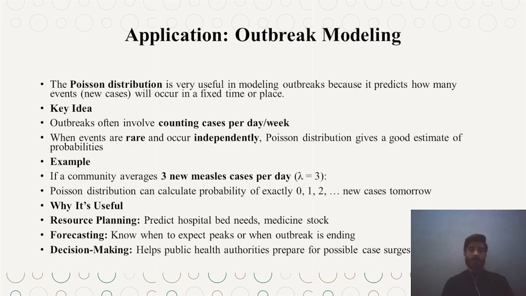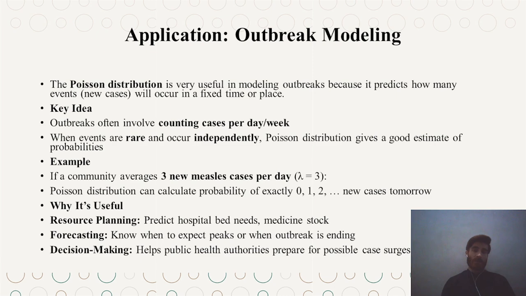Now, application in outbreak modeling. Poisson distribution is very useful in modeling outbreaks. We have earlier discussed this, that it is used for events in time and space and for rare events. It is useful in modeling outbreaks because it predicts how many events will occur in a fixed time or place.